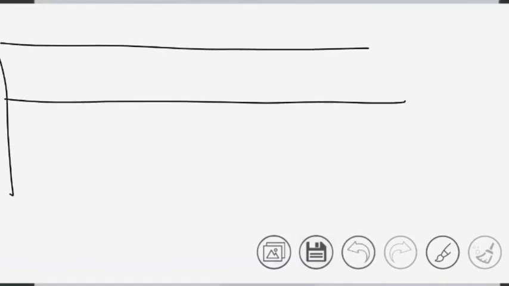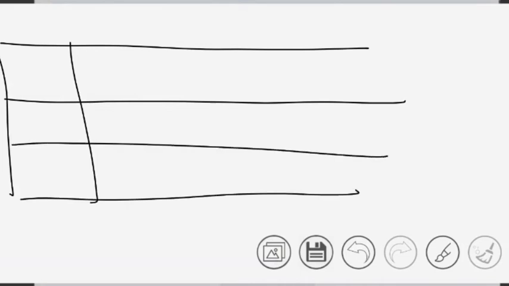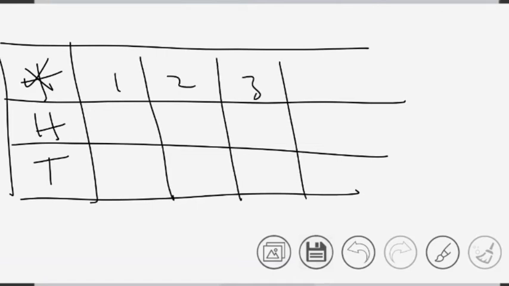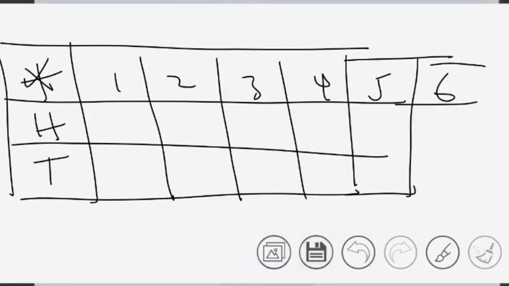So if I was to make use of my tabular diagram, it's going to be of this form, such that I have my head, I have the tail, I have my sample point: 1, 2, 3, 4, 5, and also 6.